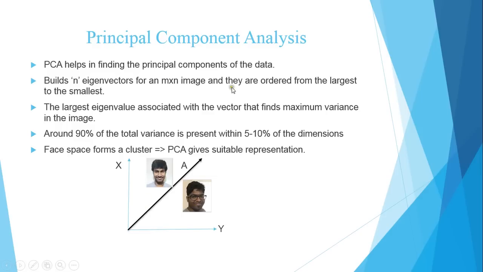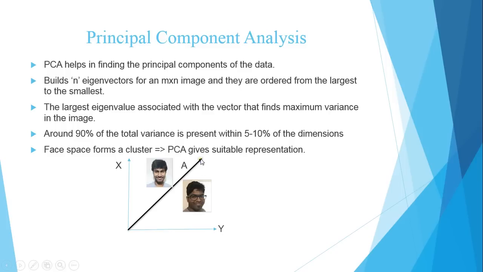So PCA mainly helps in finding the principal components of the data. It builds n eigenvectors for an m cross n image that are ordered from the largest to the smallest. The largest eigenvalue is associated with the vector that finds the maximum variance present in the image. Say in this particular image, if you consider the x-axis or the y-axis, we won't be able to determine the maximum variance for the image.